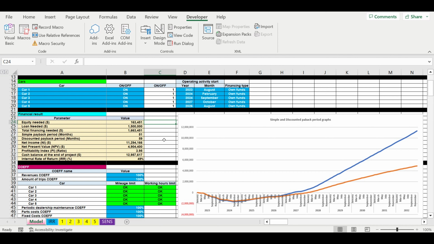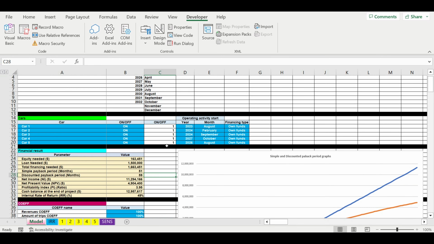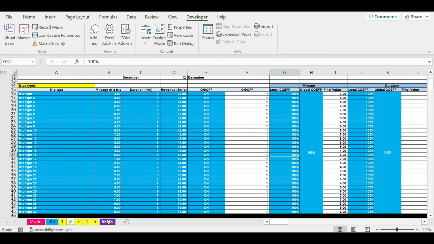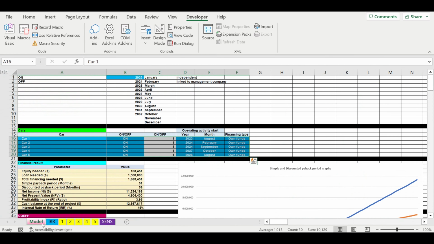So what is the logic of our model? First of all, let's go to the tabs, and I will show you what tabs it consists of. The first tab is the tab where all the data comes from, this and this tab. So this is some kind of consolidation tab.